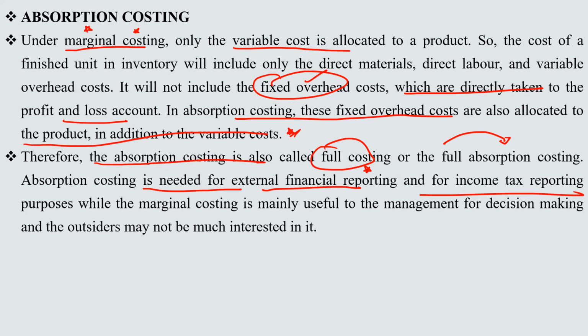So marginal costing is used by management for decision making, and absorption costing is used for external financial reporting and income tax reporting.